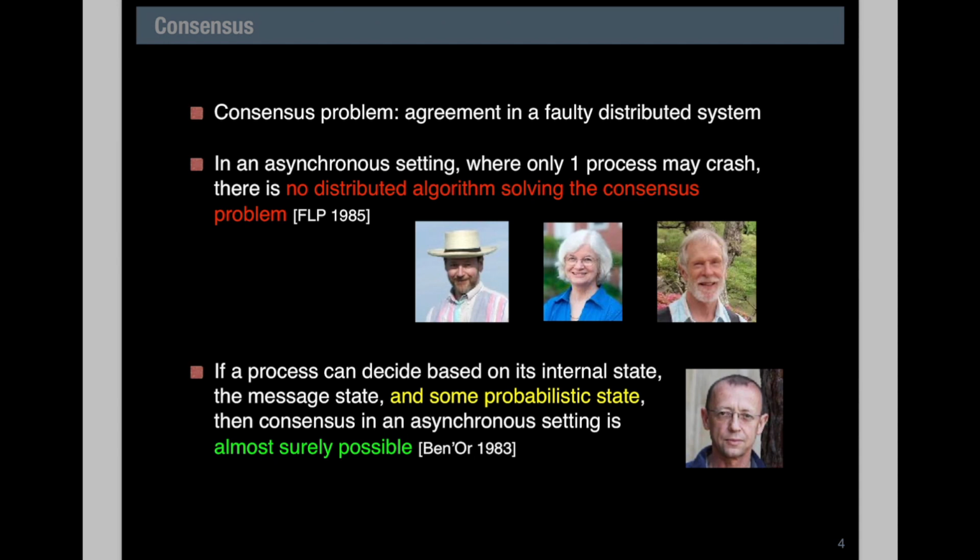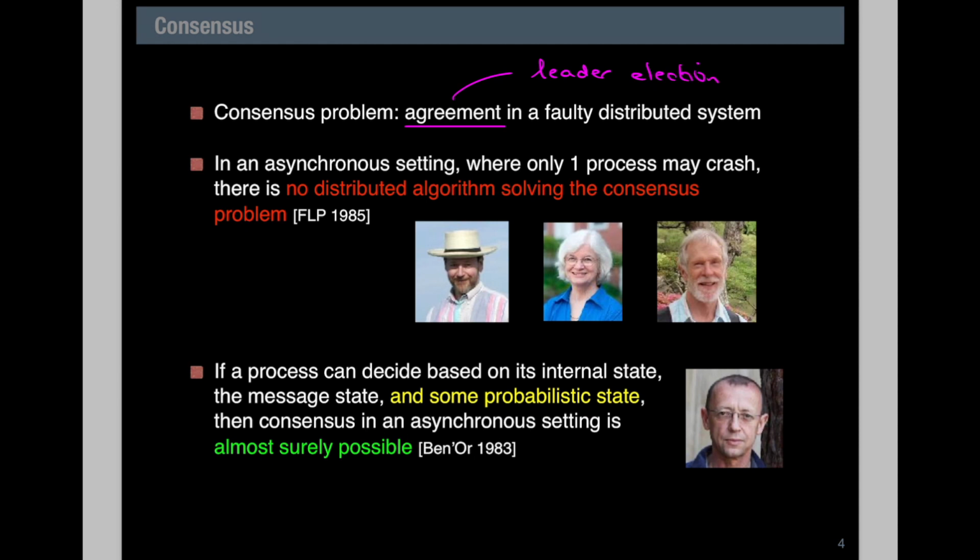Messages may be lost. These kinds of phenomena can occur. And the idea is that the distributed processes need to agree on a certain value. One possible example of such an agreement is that they need to agree on selecting a leader. So that's a typical example of agreement.